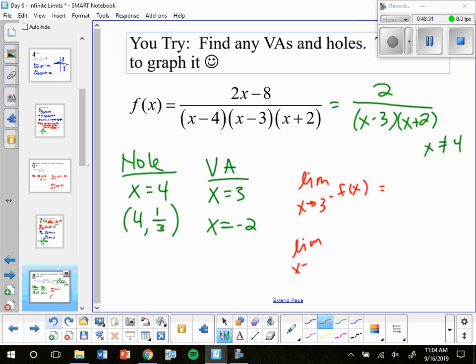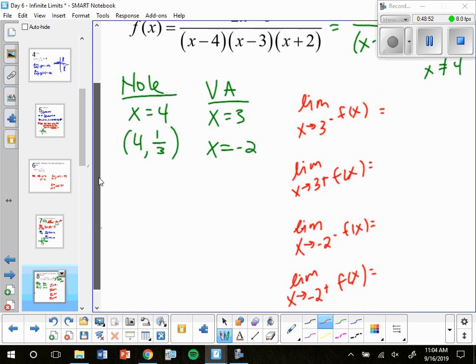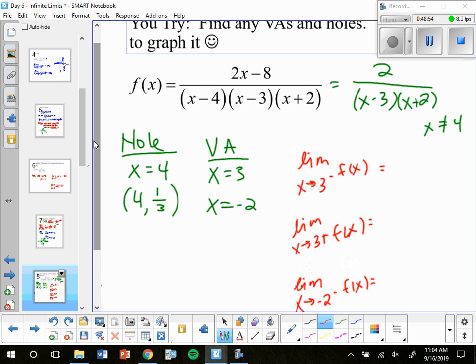Limit as x goes to 3 from the right. Limit as x goes to -2 from the left. And limit as x goes to -2 from the right. And so this just takes a lot of time, but it's not hard. You just have to keep track.